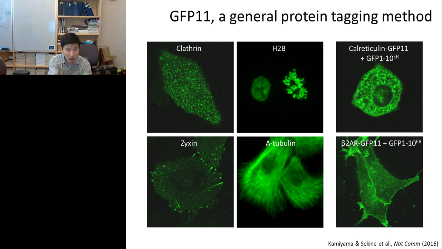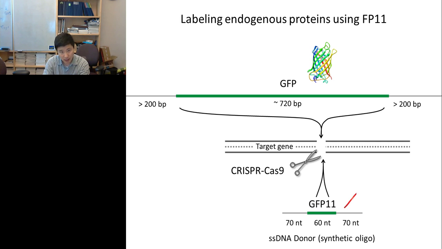How about endogenous proteins? Well, the GFP11, in this case, is very small. It's only 16 amino acids. Including the linker, we can put everything into a DNA of 16 nucleotides, and we add a 70 nucleotide homology arm on both ends. The whole donor DNA is just 200 nucleotides.